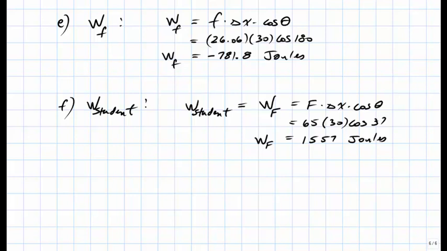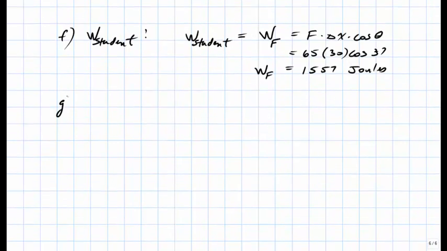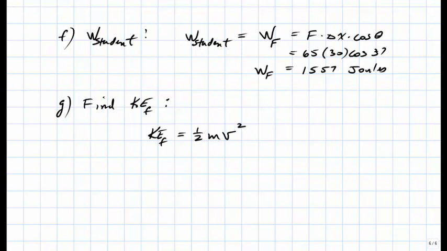In part G, we're seeking to determine the block's final kinetic energy. And we have an equation for kinetic energy. Of course, it's a very straightforward equation. Kinetic energy just equals 1/2 mv squared. In this case, we're looking for the final kinetic energy, and that's connected to the final velocity.